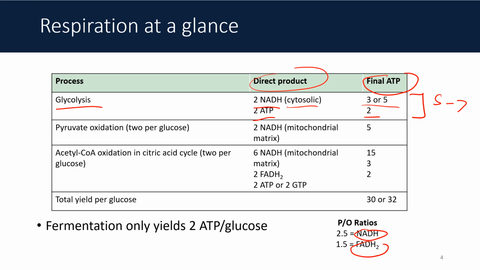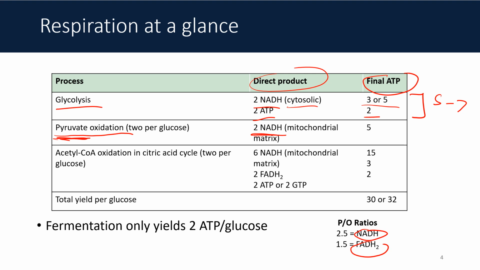Now, next up, we do pyruvate oxidation. This is also known as the intermembrane step, and it's going to occur twice per glucose because we get two pyruvates from every glucose molecule. Hence, we're going to get two NADHs when we do these reactions, and it's going to ultimately occur within the mitochondria.